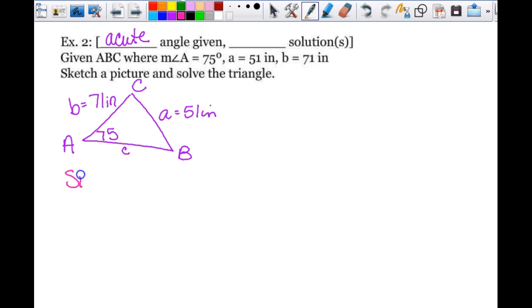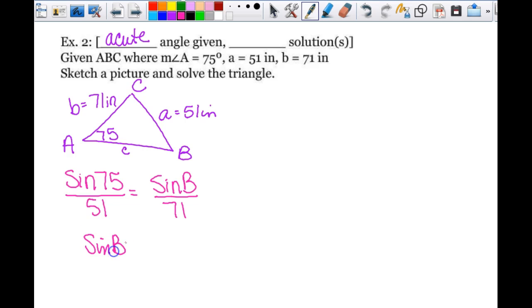So I'm going to take the sine of 75 over 51, and that's equal to the sine of B over 71. So I know that the sine of B is equal to 71 times the sine of 75 over 51.